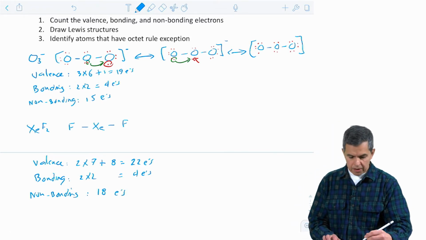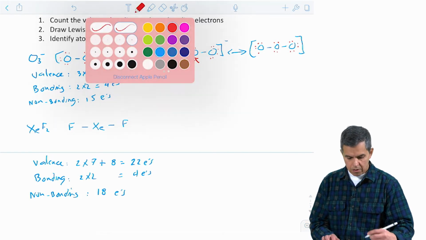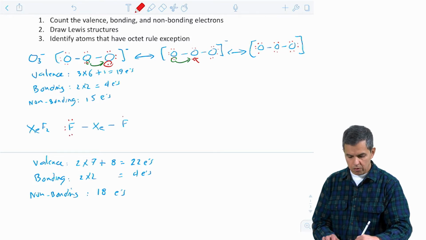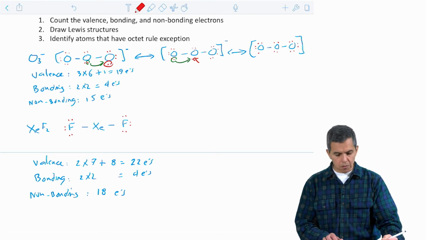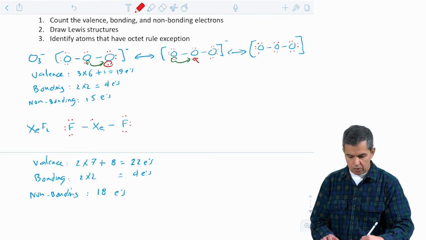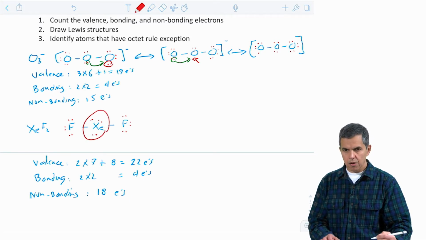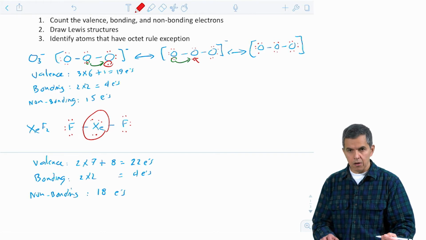So let's begin by placing the electrons then on fluorine first. 1, 2, 3, 4, 5, 6. 1, 2, 3, 4, 5, 6. And then we have 6 more that will be placed on xenon. And as we can see, xenon has an expanded shell way above the octet rule.